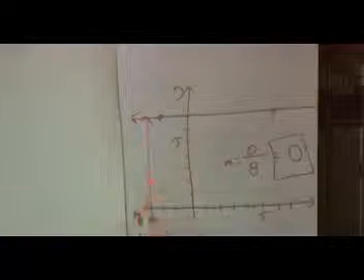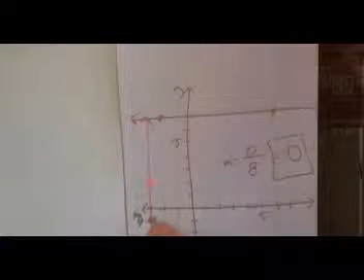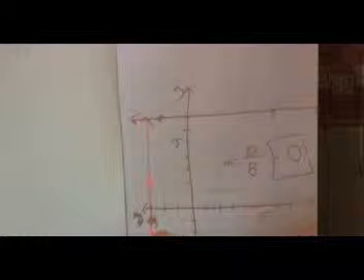Here I have a line going straight up. From one point to the next, how far do I go up? 3. And how far do I go over? 0.